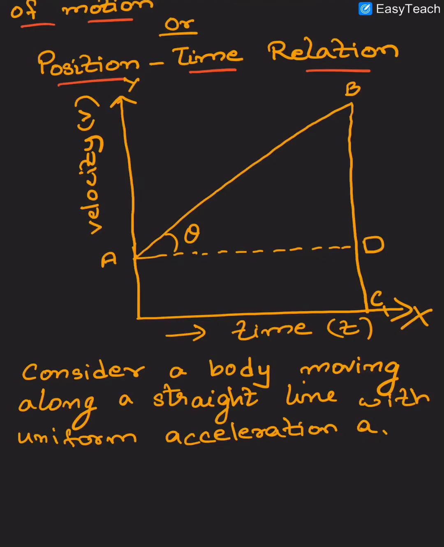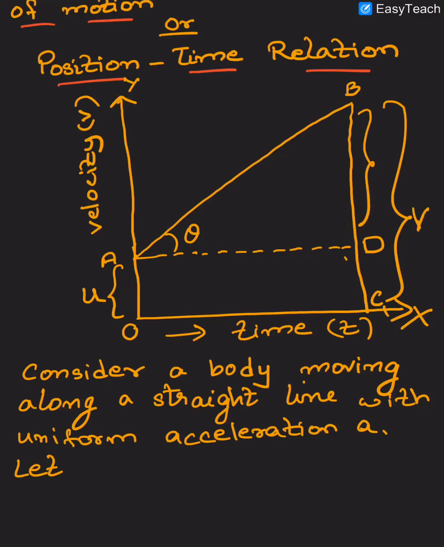Now we consider, let u be the initial velocity. So what is our u? Initial velocity. We consider this as origin. This is your initial velocity. This is your final velocity as usual. So BD will be given as v minus u, because this is also u. So BD is given by v minus u.